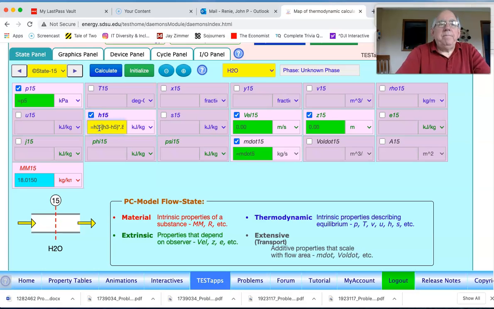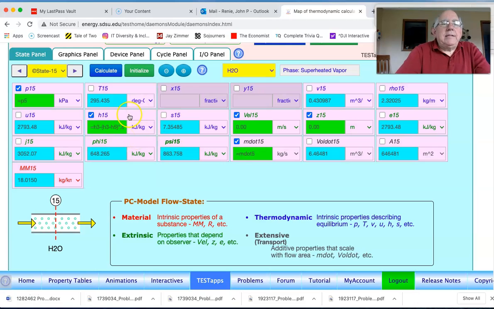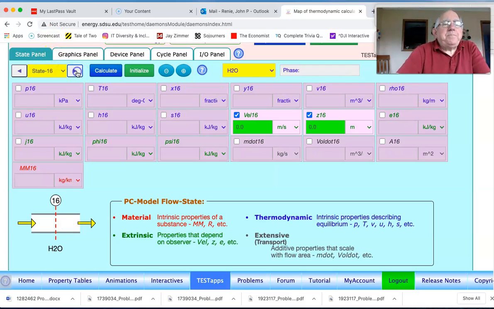That's a minus sign. Okay, so that's how we handle an isentropic efficiency of a stage of the turbine. Again, it starts at a high level. This H3 minus H5 is the isentropic work, and we take 85% of that and subtract it from the higher value. And so that's our state 15.